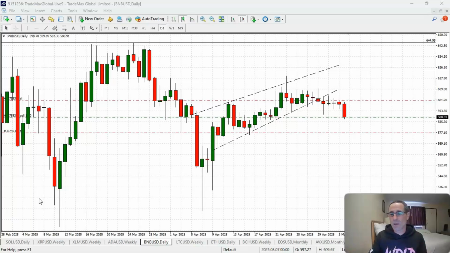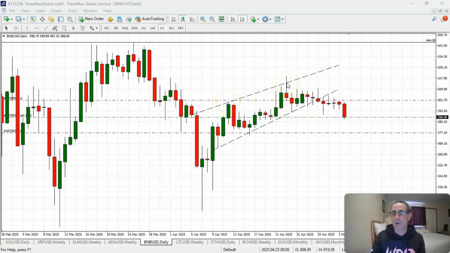So let's go over this wedge. First of all, we need to understand how to identify the wedge. Now, we need 2 points of contact on the bottom and as well on the top. So both boundaries have to have these 2 points of contact. For example, on the upside boundary, we can see 1 point of contact and then the second point of contact.